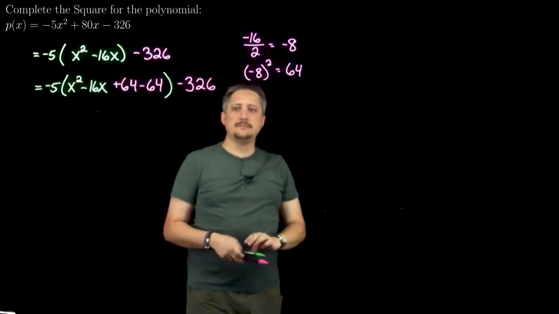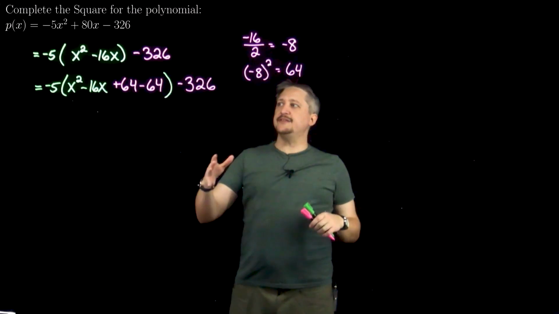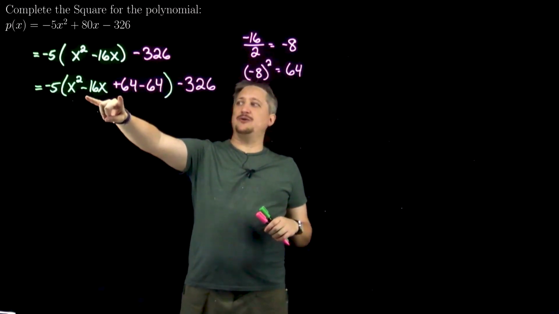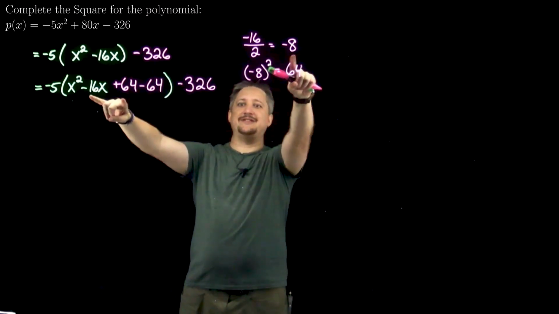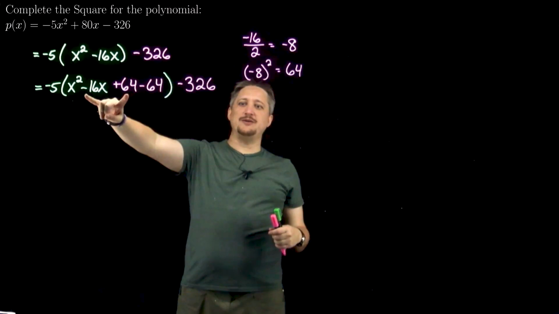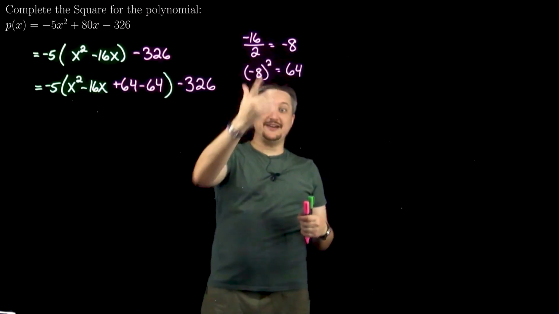Okay. All right, now what? I did it this way because these three collapse into a perfect square, x plus the number up here. Or again, you can just take these three and ask, what two things multiply to 64 and add to -16? It's -8 twice.